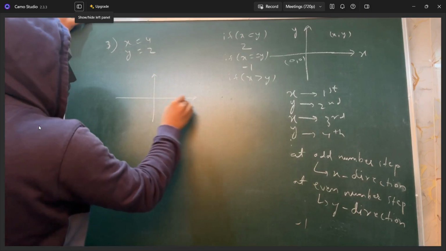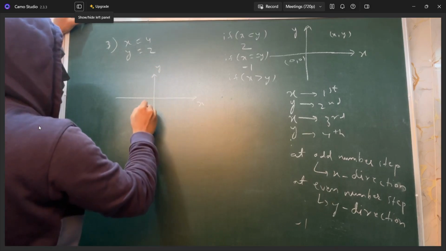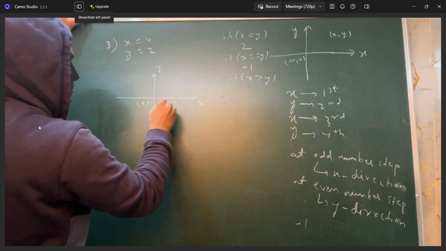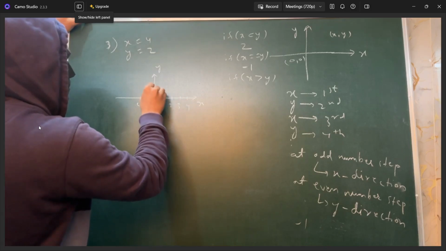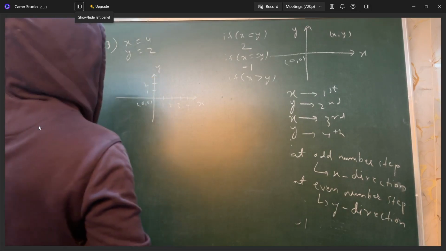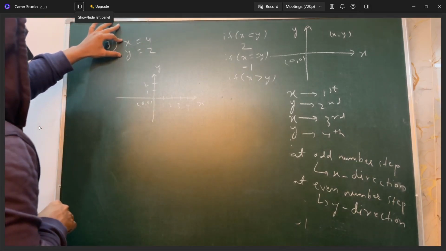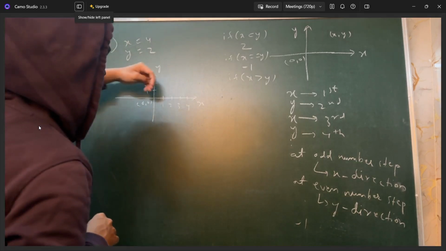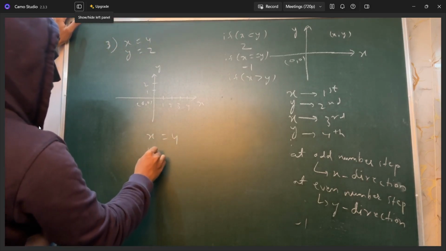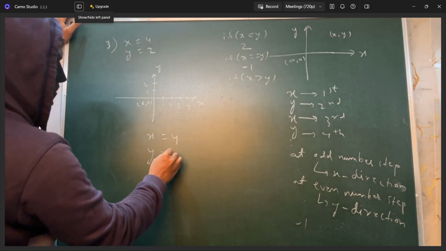since you want to minimize the number of steps, you are at 0, 0, right? Since x is greater, you can't be taking all these steps in that direction, because if you take x equal to 4, in the next step your answer has to be greater than that, let's say 5.